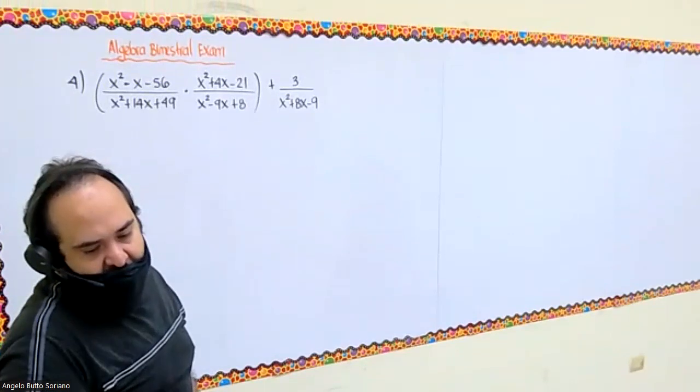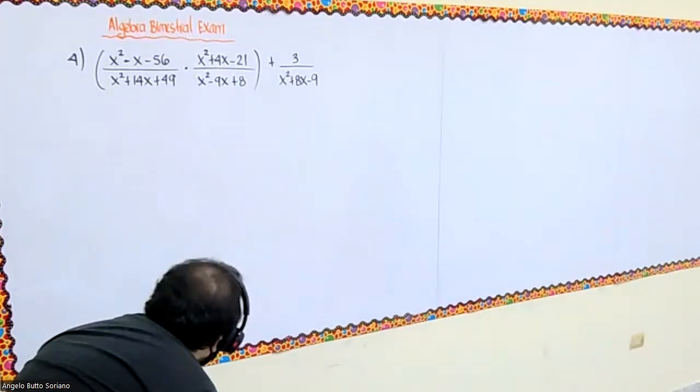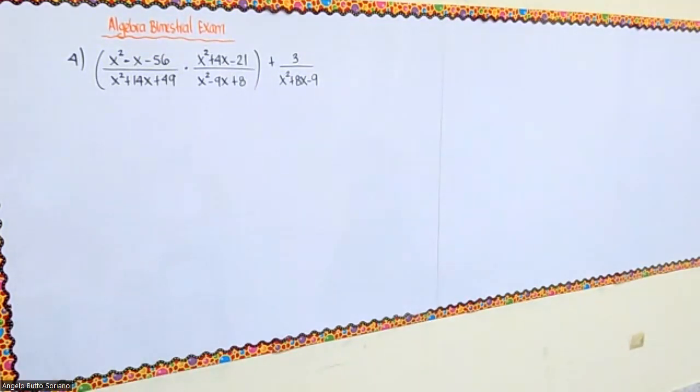Okay, as you can see, we have addition, product, and division of entire expressions. What is the first thing that we must do? Every time that we have rational expressions, we have to make sure we can factorize the denominators when we're talking about additions. And with the divisions of products, we try to factorize the expressions before simplifying them, okay?